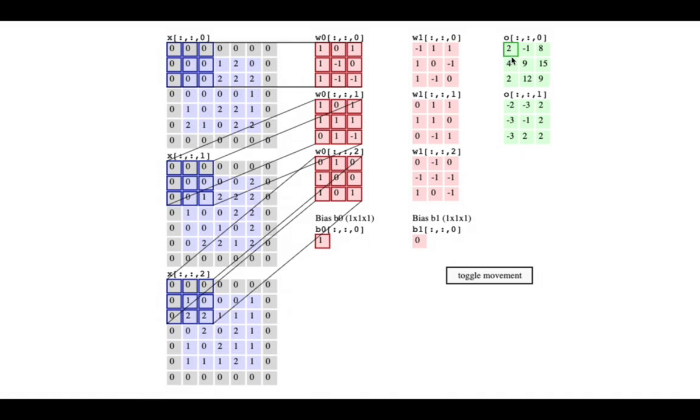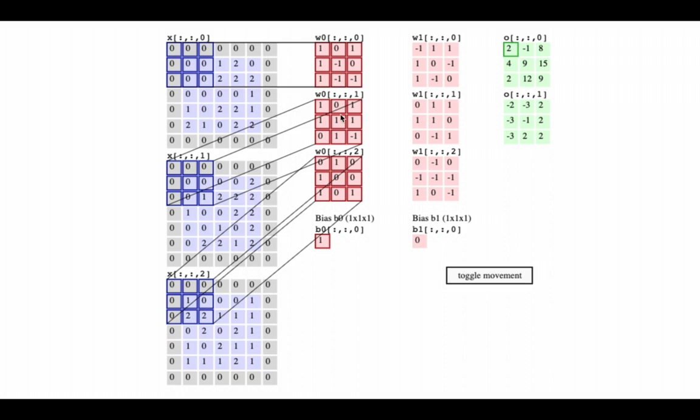How do we get the output image channel number 1 here? This 2 is calculated by applying the filter to each channel on the first 9 elements. You will calculate 0 by 1 plus 0 by 0 plus 0 by 1 and so on.